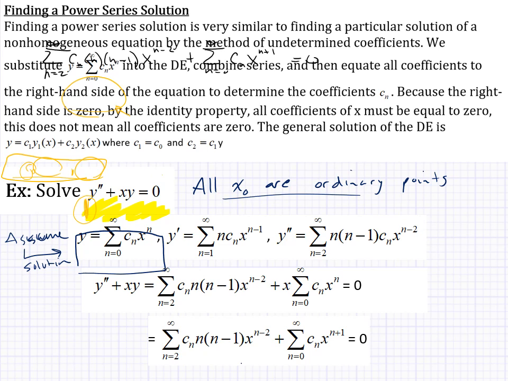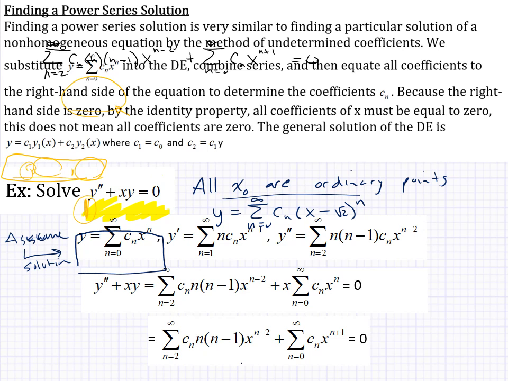So in this case, let's keep it easy on ourselves. Let's center our power series at 0. If you don't want to center at 0, technically you could center it anywhere you want because everything's an ordinary point. I could say, let's find a solution of the form the sum from n equals 0 to infinity of c sub n times x minus square root of 2 to the n.